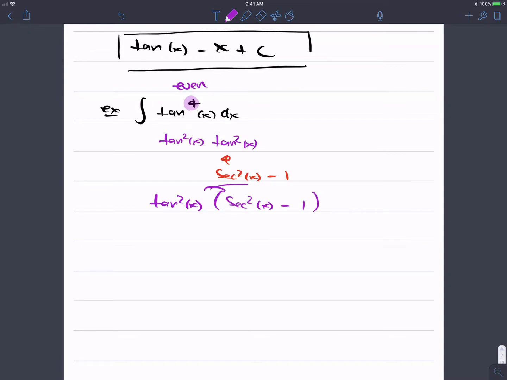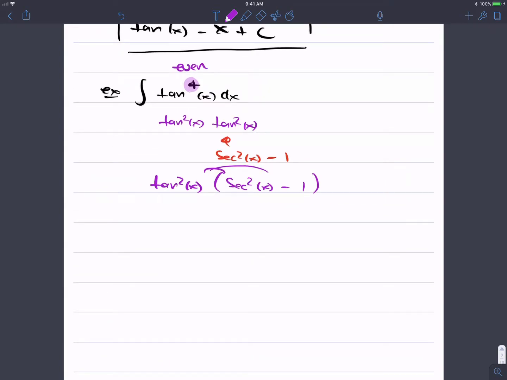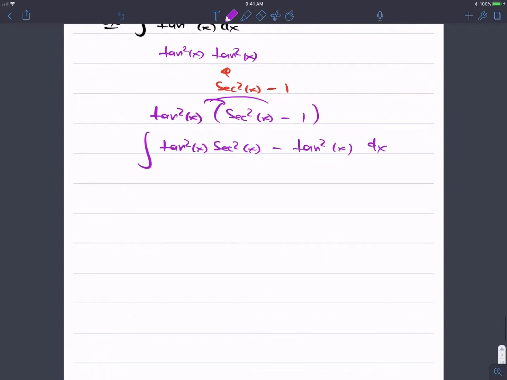Now, just multiply like we did before with the last set of examples. You'll get tangent squared x secant squared x minus tangent squared. Now this is what we really have to integrate. The integral of a difference is the difference of integrals.